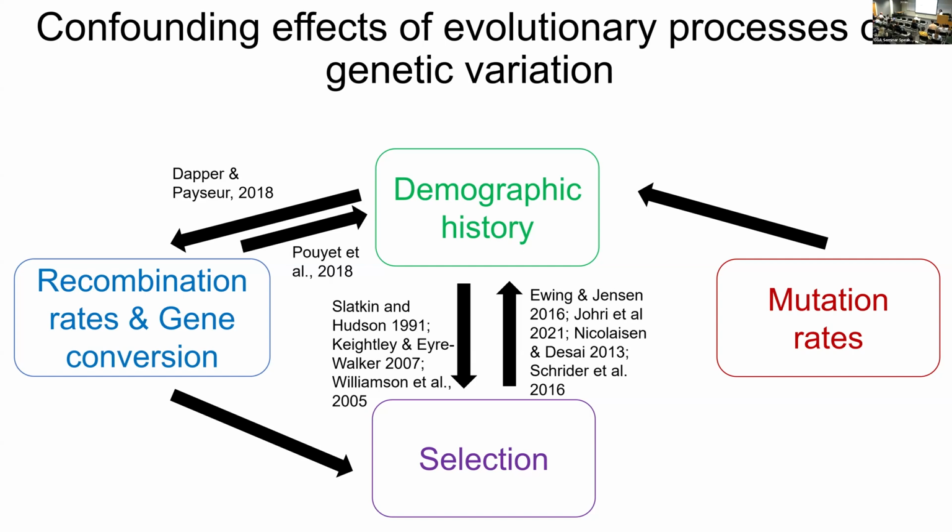We know that we need to understand recombination rates to be able to accurately infer selection. And more recent studies have now shown that we need to understand the demographic history to understand recombination rates and vice versa, right? So there's this problem of confounding in how these evolutionary processes shape genetic variation. And this ends up leading to this big problem, right? That patterns of variation can be equally explained by very different population genetic models.